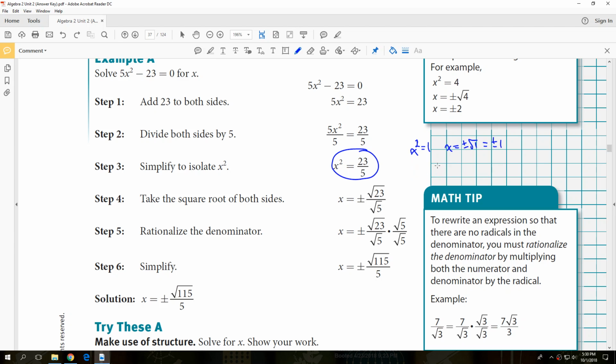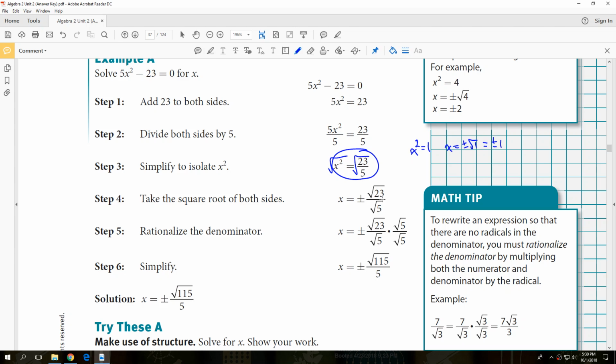Continuing on here, they take the square root of both sides, which is actually the square root of 23 over 5. Hopefully you remember your radical rules here. Whenever you have a fraction inside the square root, you can take the square root of the numerator divided by the square root of the denominator. So square root of 23 over square root of 5.